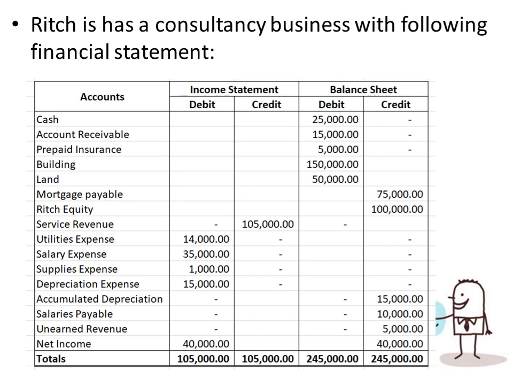Accumulated depreciation, 15,000. Salaries payable, 10,000. Unearned revenue, 5,000. And then net income, 40,000. So, both have an income of 40,000.